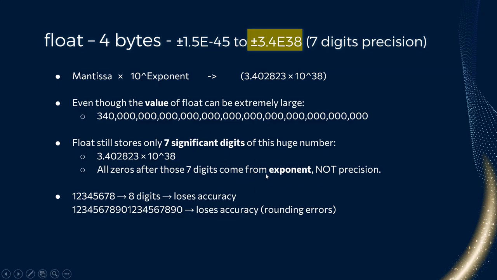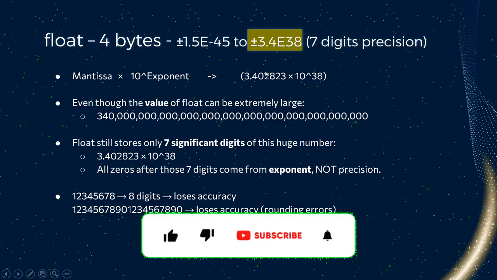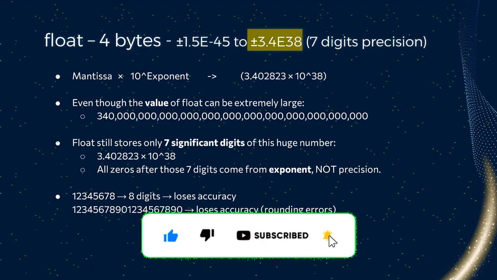This is the difference. And if you write 8 digits, for example, then it loses accuracy. For floating point it should be 7, and beyond that it loses accuracy. I hope you understood these things. It is quite complex, but I tried to make you understand how it is.